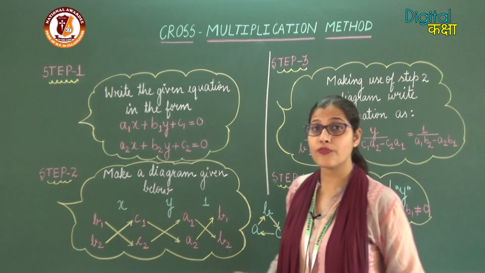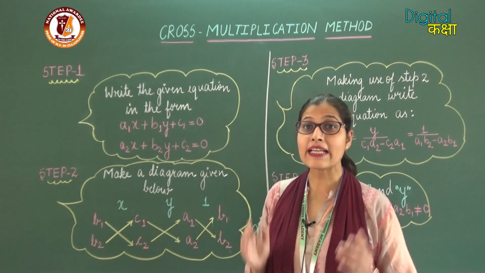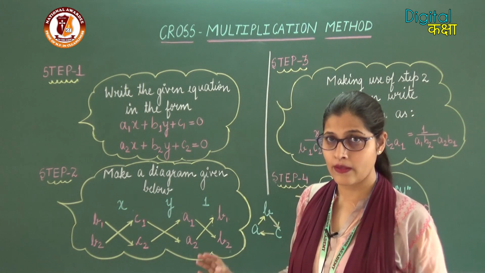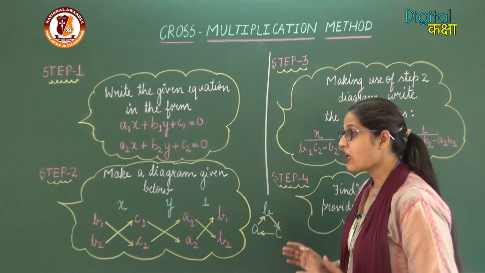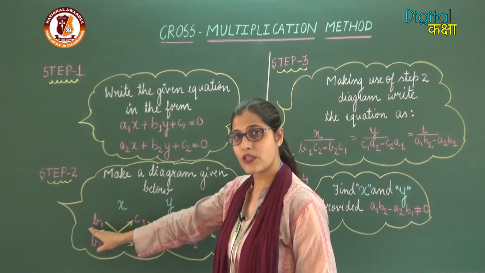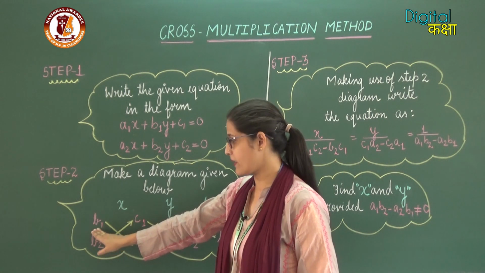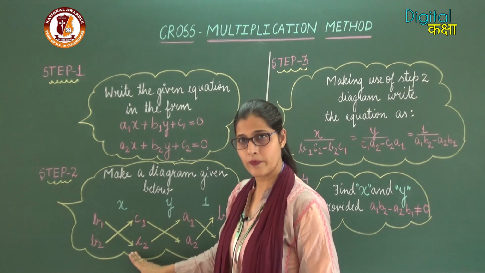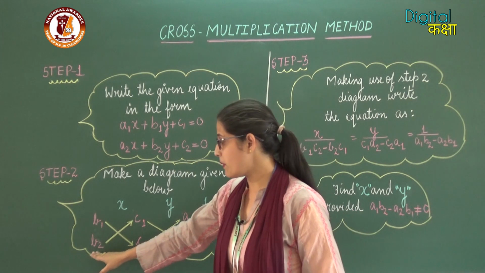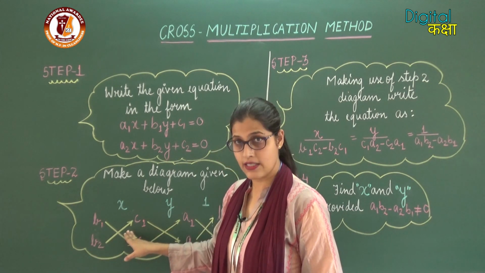Now, to generate the formula, we will be cross multiplying, but we should know how to cross multiply. First of all, we will multiply b1 by c2. Then we will multiply b2 by c1.